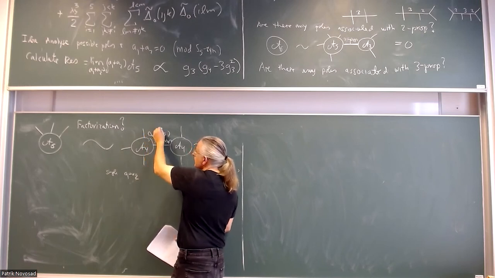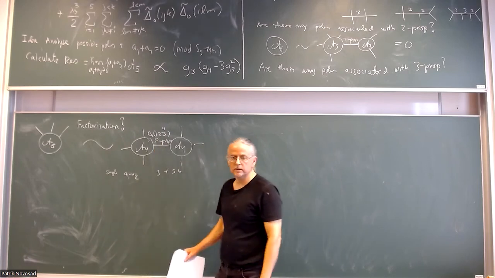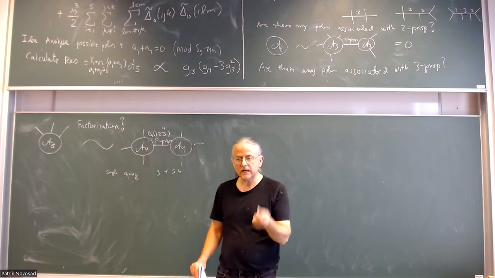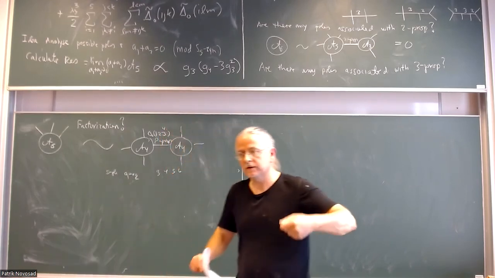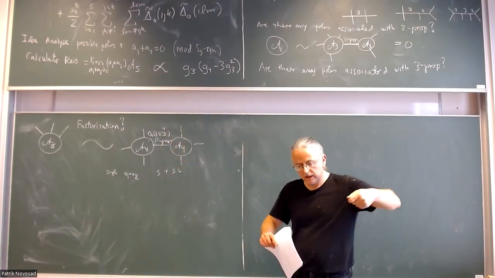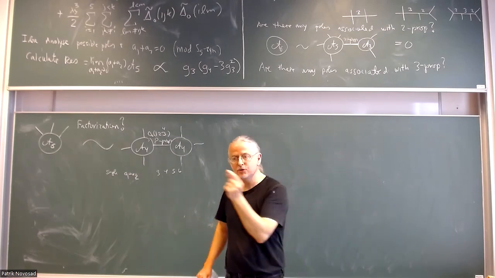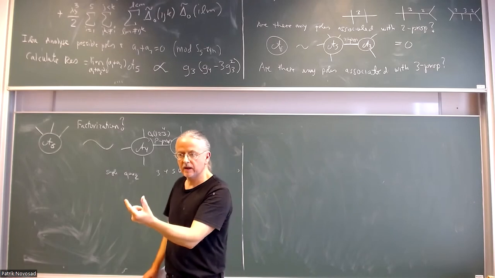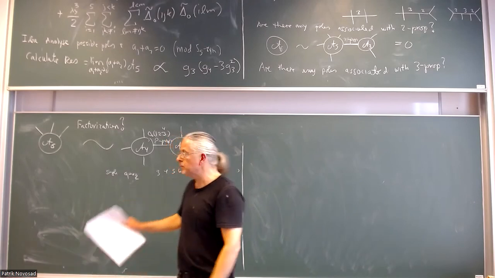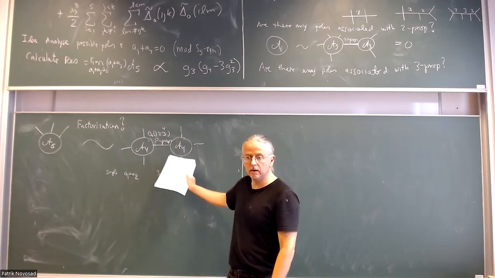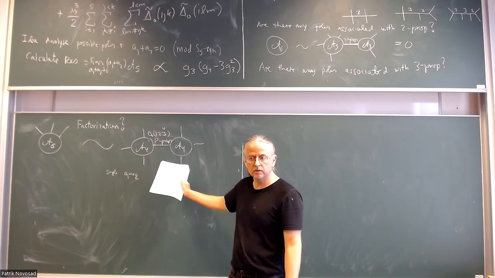But instead of 3 I can put 4 here, and that would also blow up, and so on. I don't have a single propagator. For factorization to work, I have to make a combination of external momenta such that I uniquely specify an internal propagator that blows up. But here we have competing propagators blowing up, so we don't have factorization.